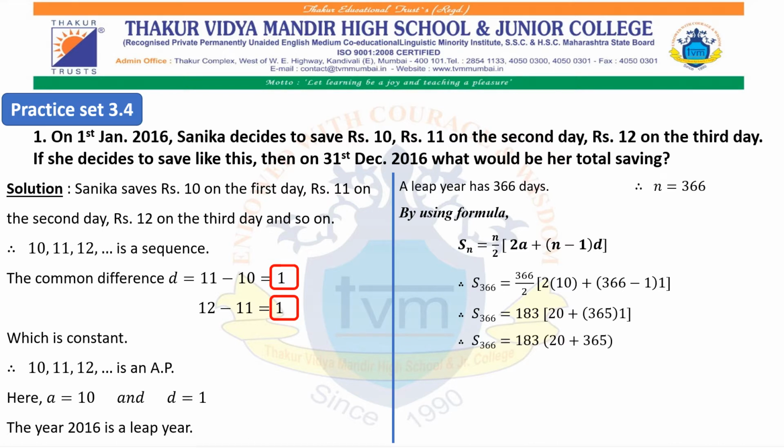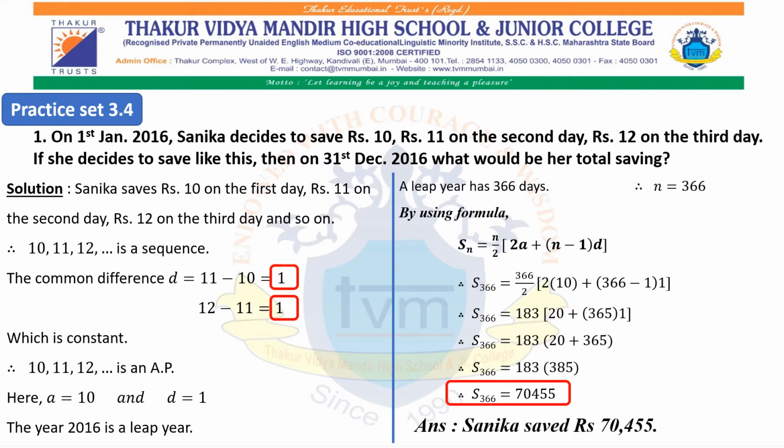Further solving inside the bracket, we get S366 equals 183 into 385, and after multiplying we will get 70,455. It means the amount Sanika had saved is rupees 70,455.